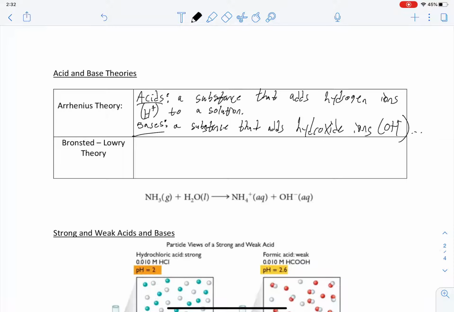They're similar in that they're both involving protons and hydrogens, but it's kind of semantics. They're just using different words to articulate their message a little more clearly. Okay, so Bronsted and Lowry, their acid definition is a substance that can donate a proton.